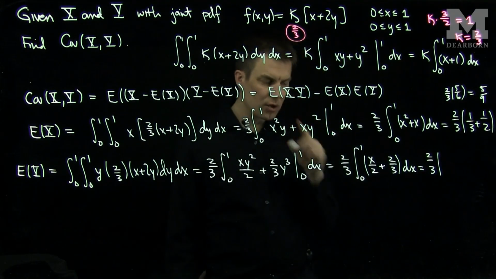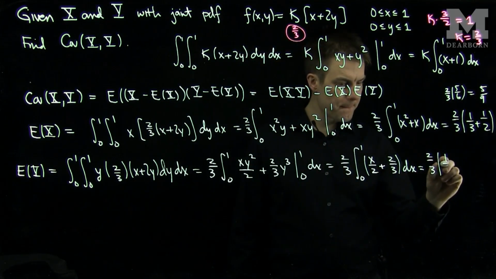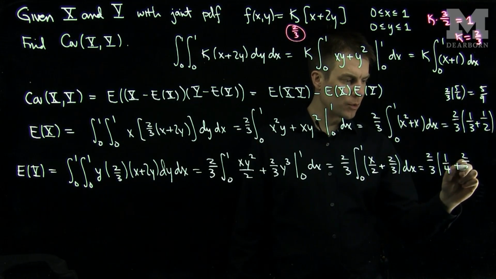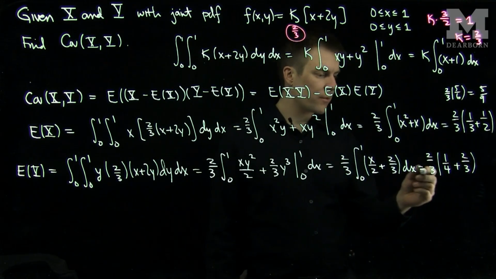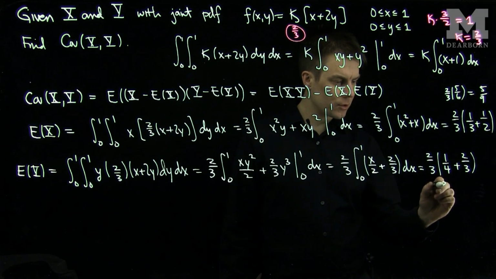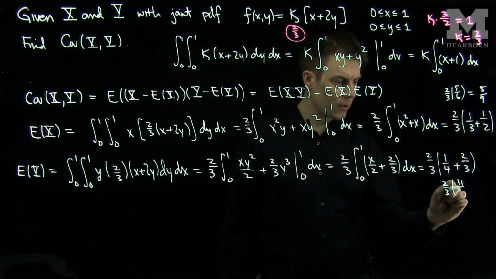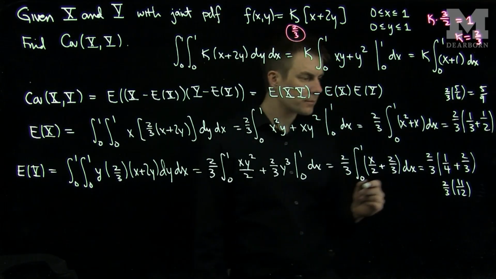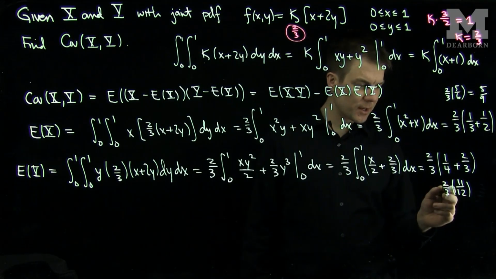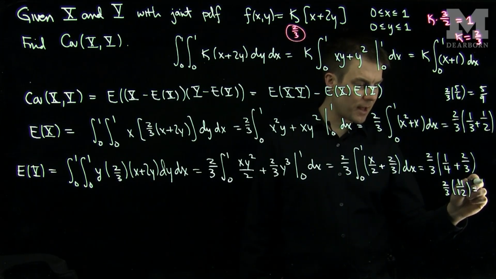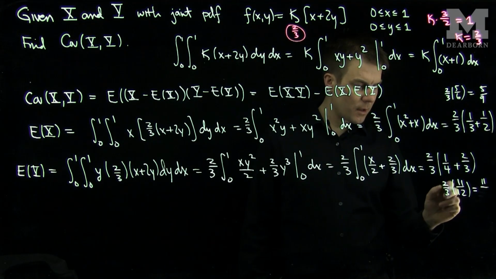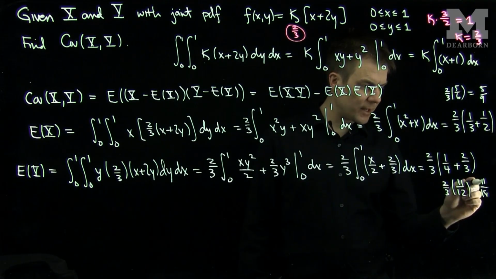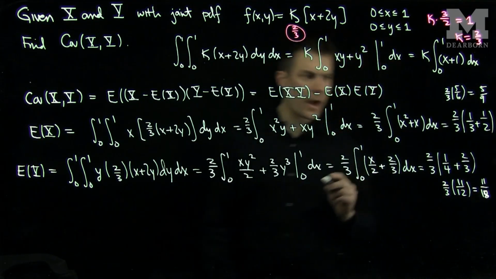And then x over 2 is going to integrate to a quarter plus 2/3. So that's 11 over 12. So this is 2/3 times 11 over 12. And so that's going to be a 6 in the denominator, so I'm going to have an 11 over the 2, that turns into 6, so 11 over 18 is the expected value of y.